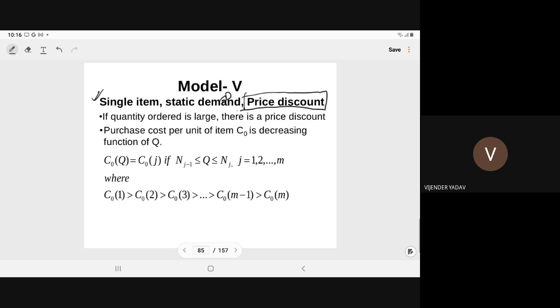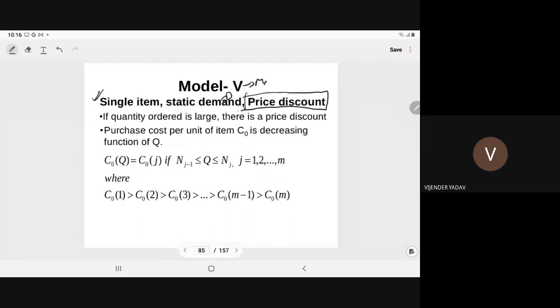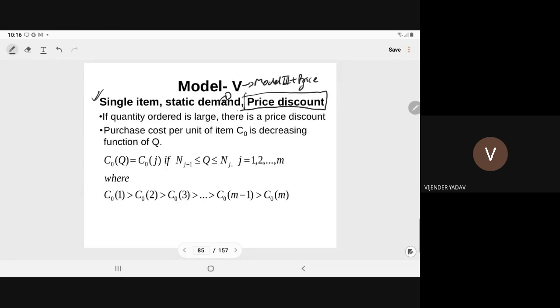If you purchase more than 200 items, then the unit price is a little lesser. If you purchase more than 500 units, then the unit price is lesser still. In that way we have the discount. So now we will study model 5. Model 5 is the modification of model third plus price discount.